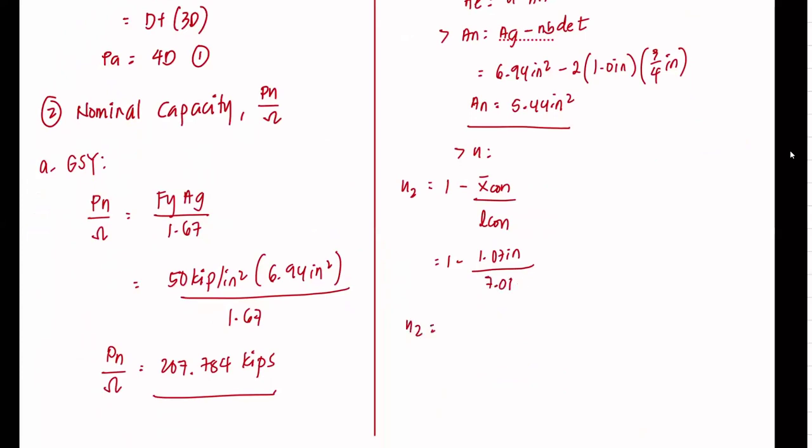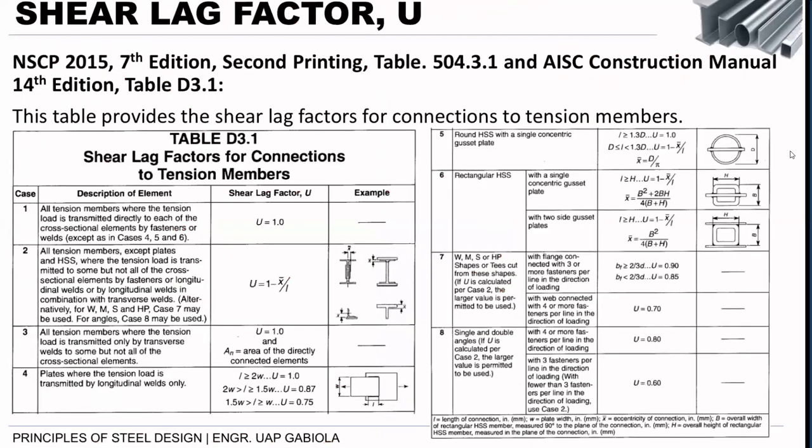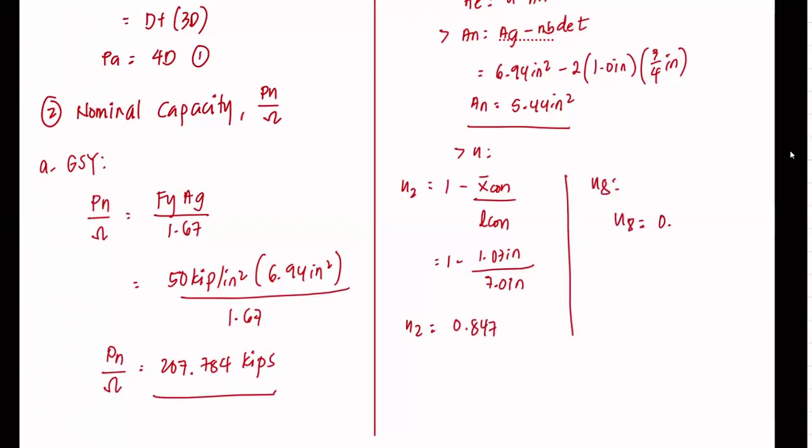So U2 is 1 minus 1.07 over 7. This is 0.847. And then for case 8, our condition gives 0.6. So whichever is larger will govern. So this is the one that governs. Therefore, our U is equals to 0.847.